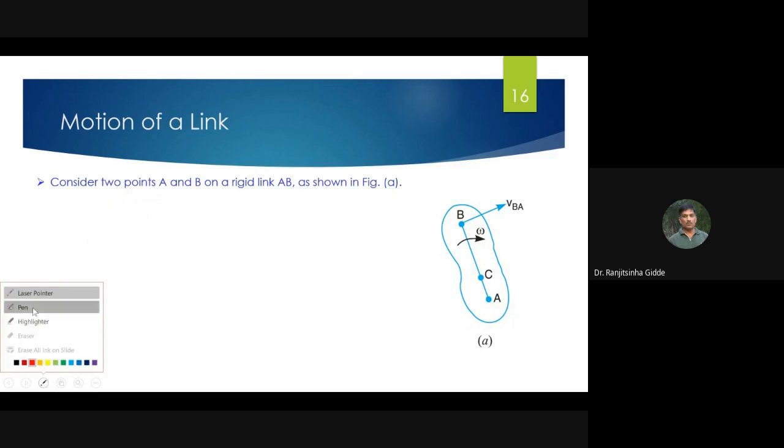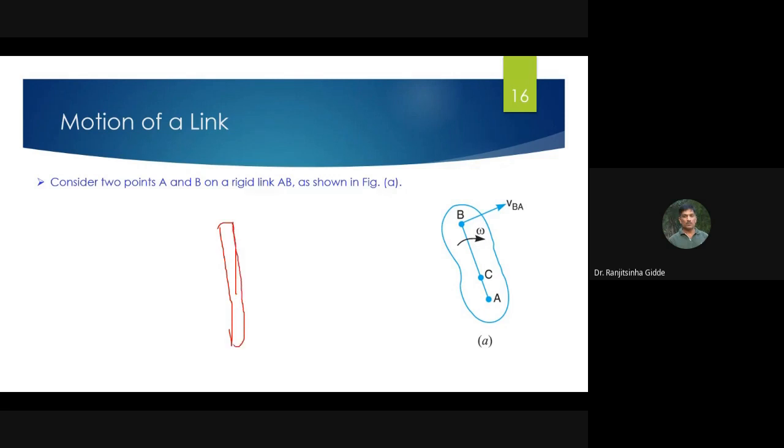Suppose any component like this, I am drawing one component here. This is point B and here point A. Let us consider this as a connecting rod. A connecting rod is nothing but one of the rigid links used in the IC engine.